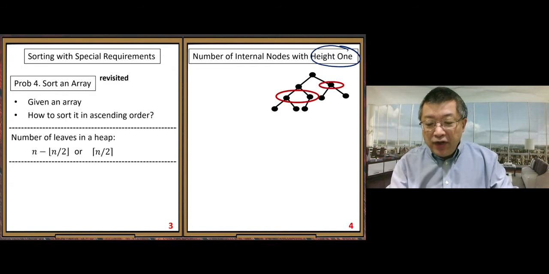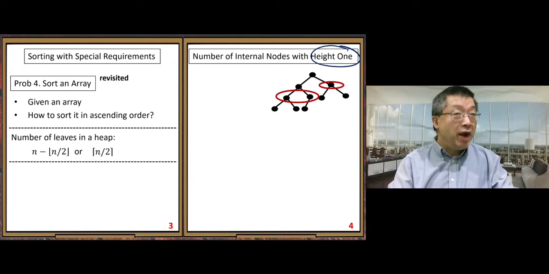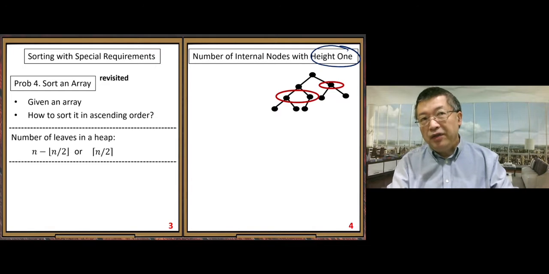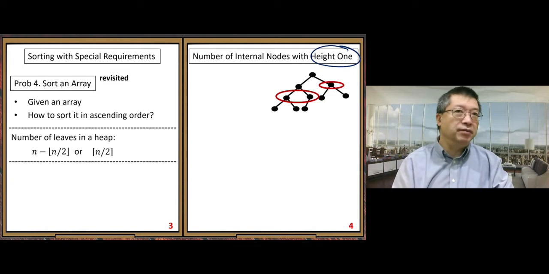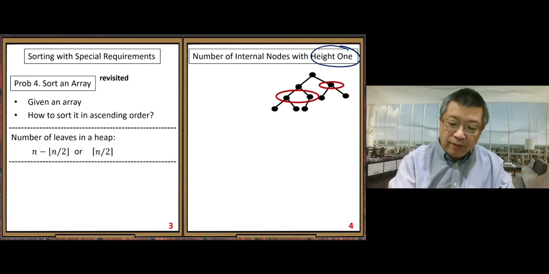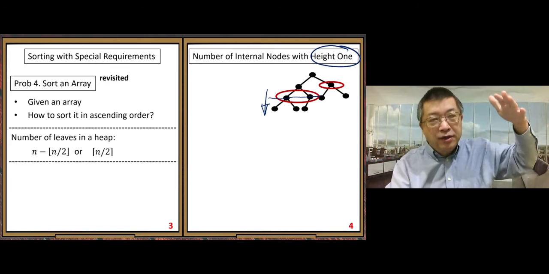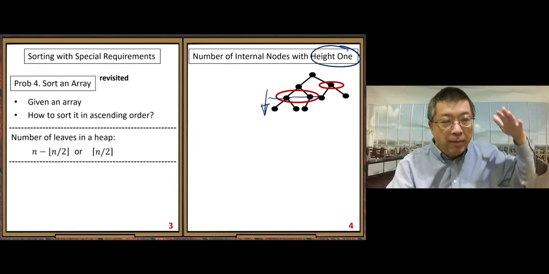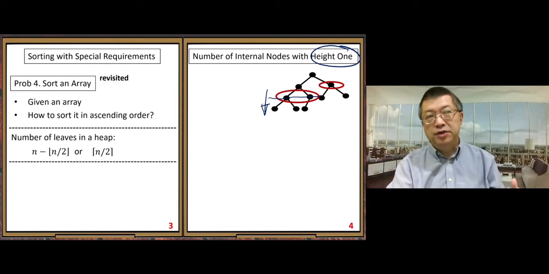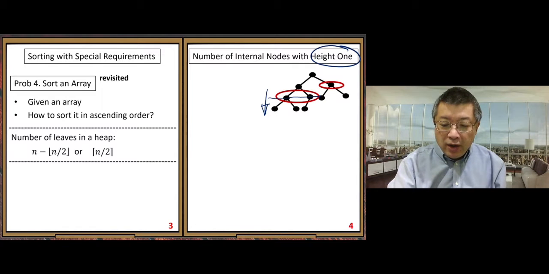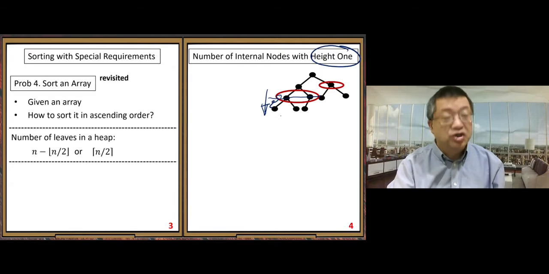Let's look at these nodes in red circles. These nodes have this property. When we start from these nodes and follow a path to the bottom leaf nodes, after one edge, we reach the leaf.